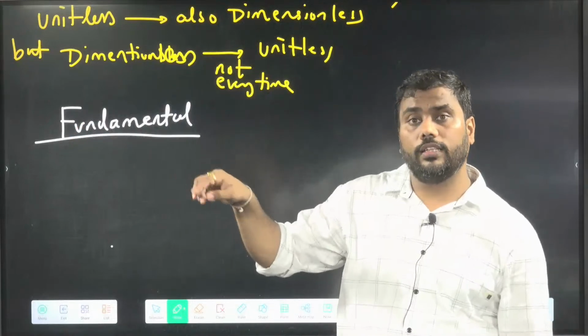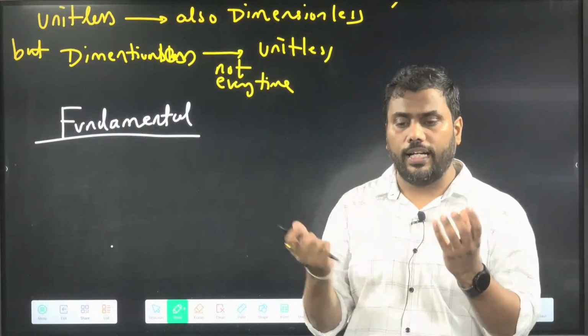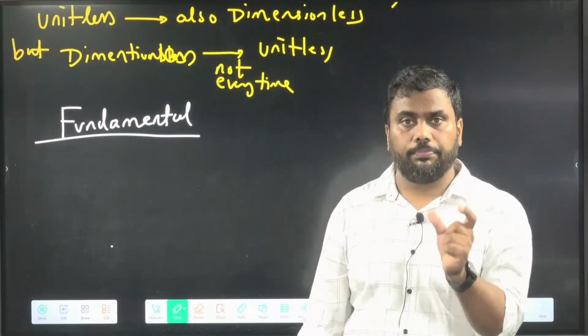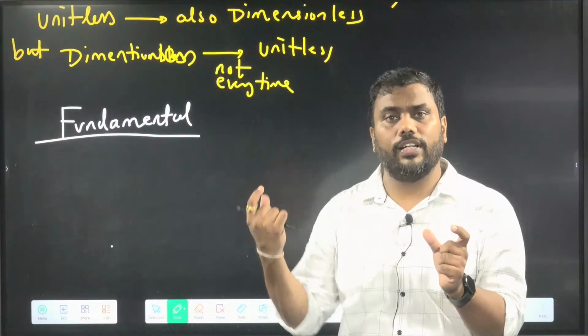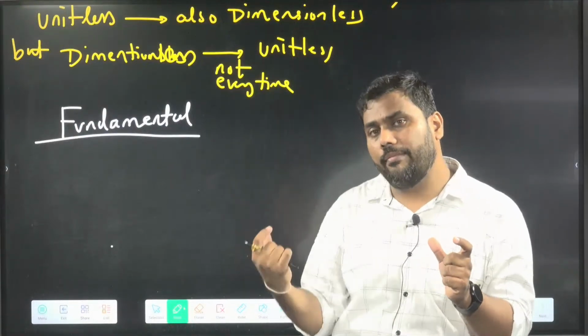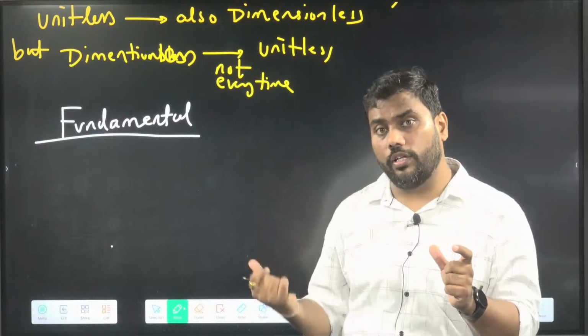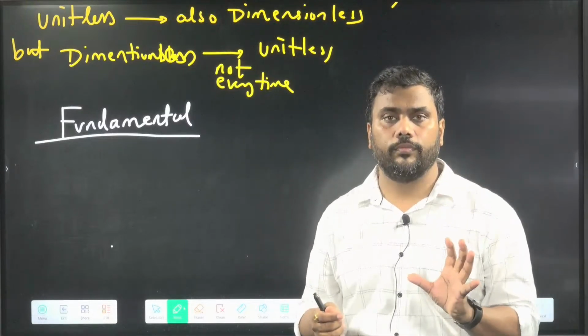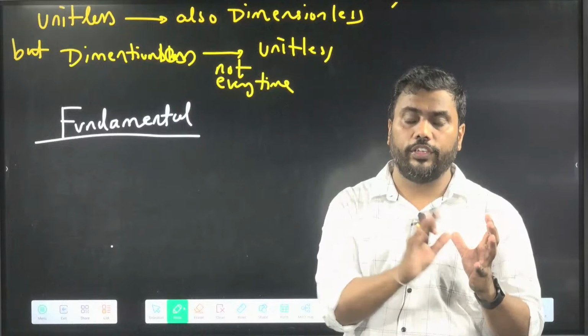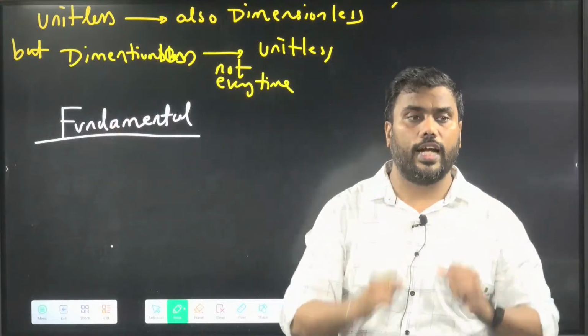If I know others, I can define this physical quantity. For example, speed is defined in terms of distance traveled and time. So if you know the units of these two, you will know the unit of speed. This kind of physical quantity which is dependent on others is called derived.